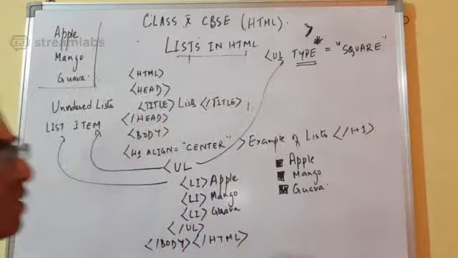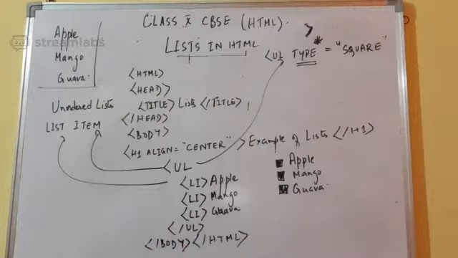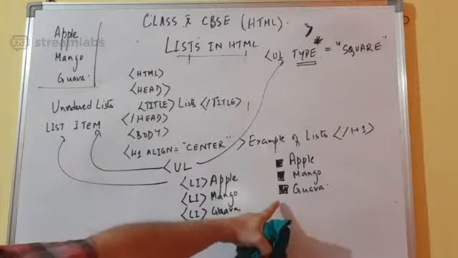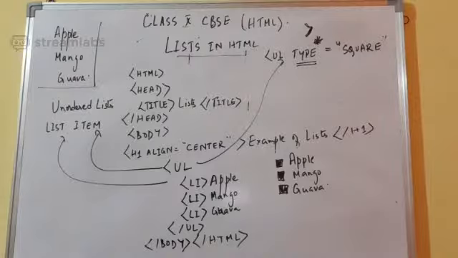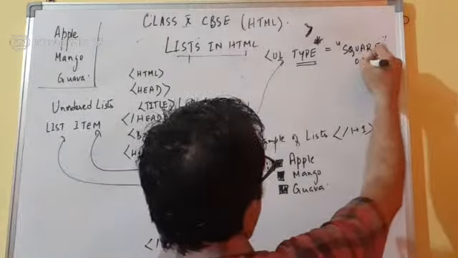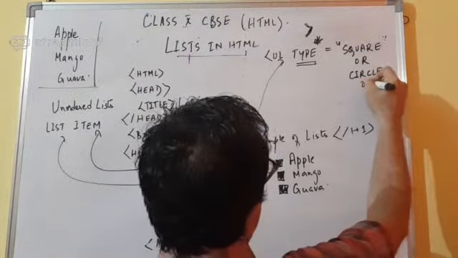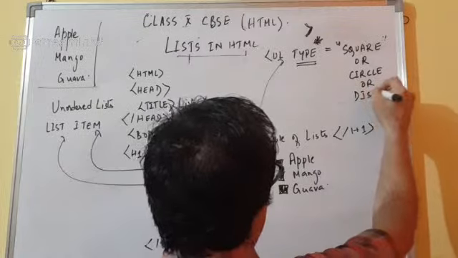So only these three symbols can be placed before the list: your circle, your disk, or your square.